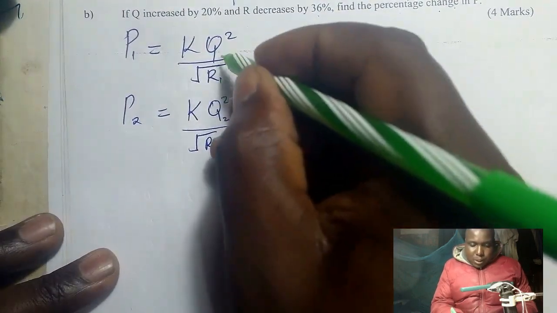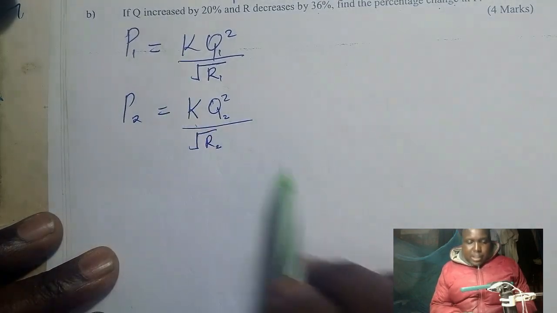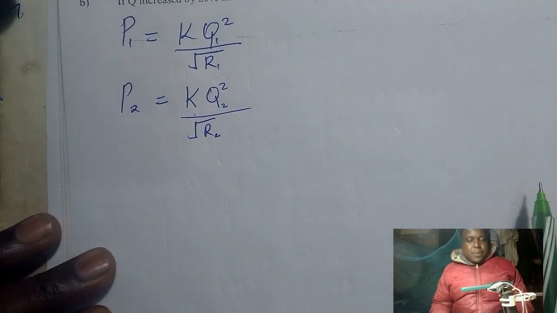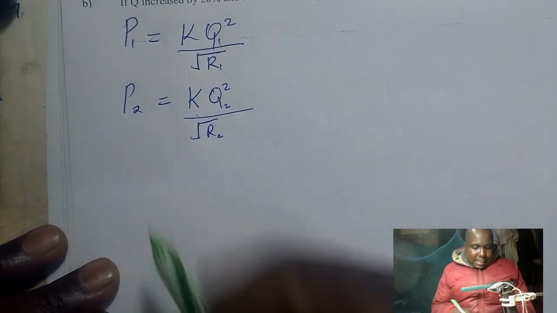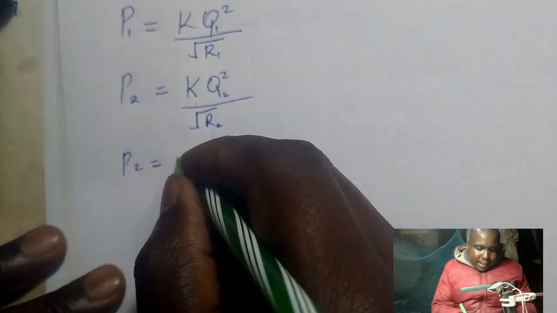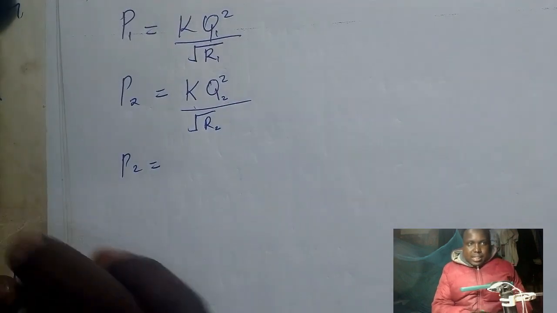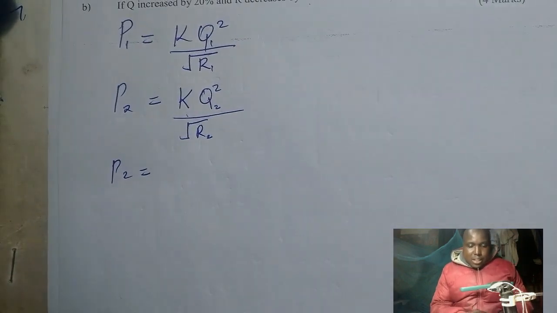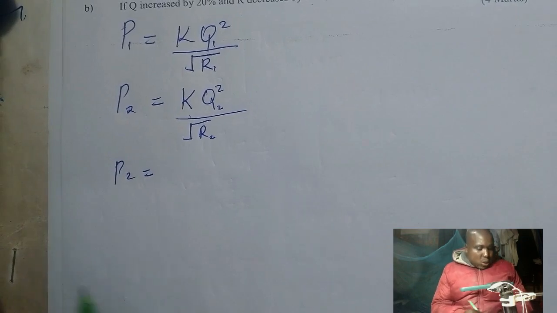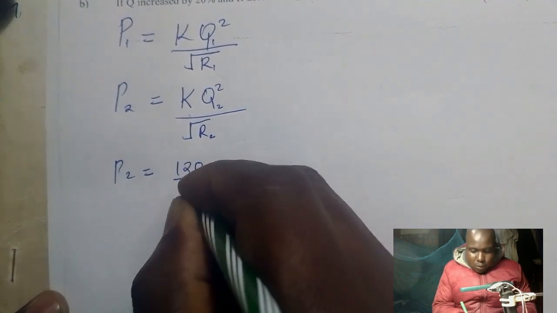The constant does not change. Now let us increase. When you increase Q by 20, initially it is 100%, so it is going to be 120 over 100.